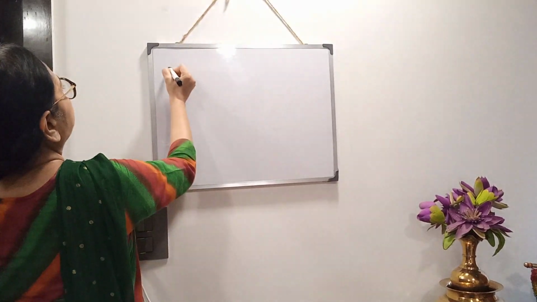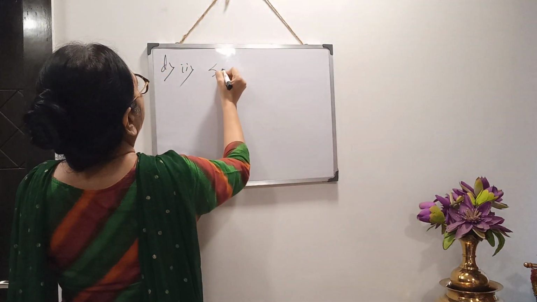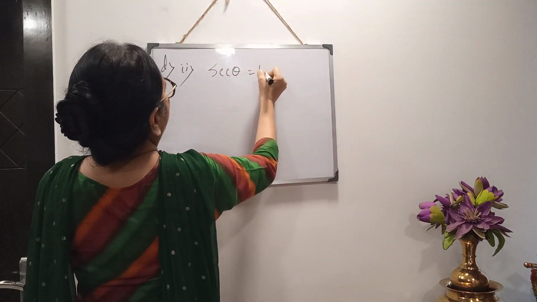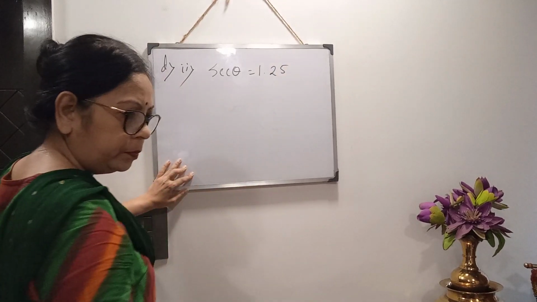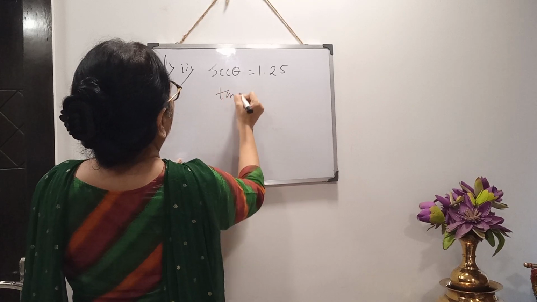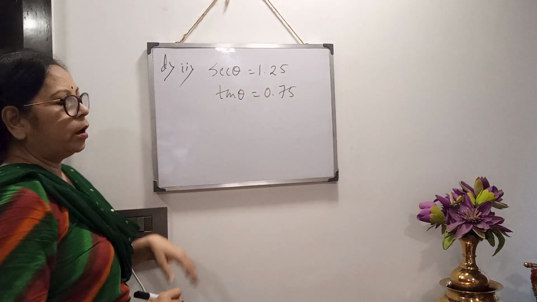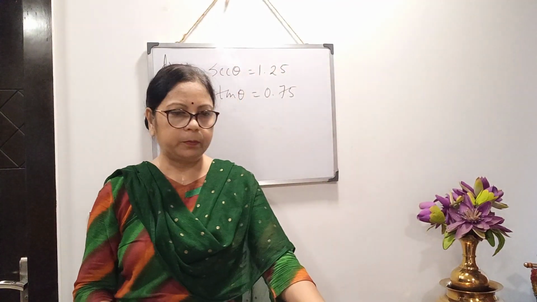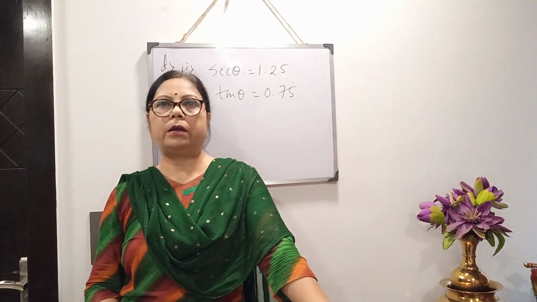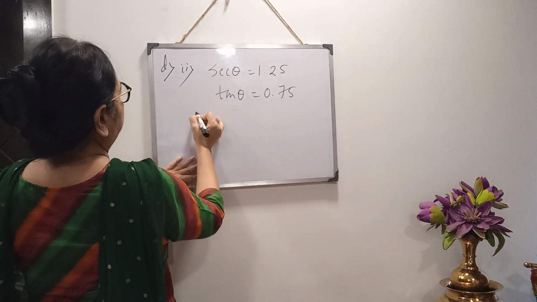Number D. Second one you see, sec theta is given as 1.25 and tan theta is given as 0.75. Now one formula we know related to sec and tan, that is sec square theta minus tan square theta equals 1. So first we will find sec square theta.